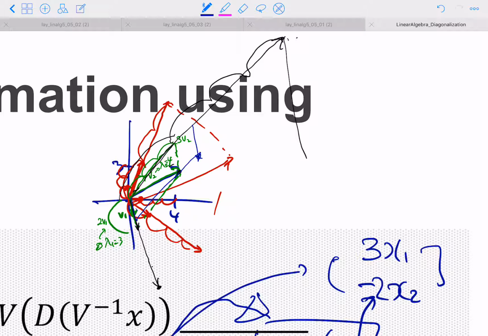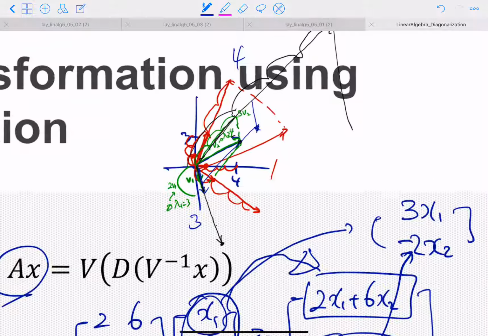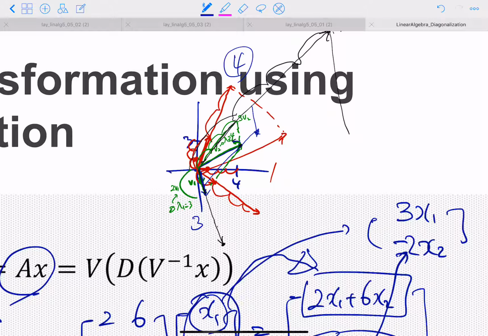Okay, and also, if we have an eigenvalue of 4 and an eigenvalue of 3, then when multiplying the matrix A over and over, the larger eigenvalue and its corresponding component will be more and more dominant in terms of the resulting vector direction.